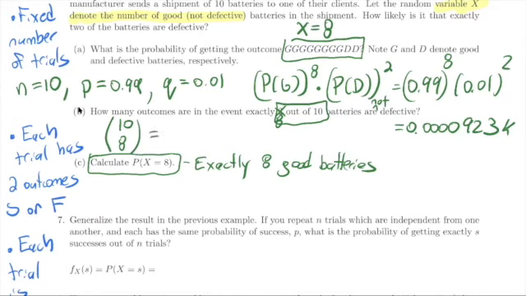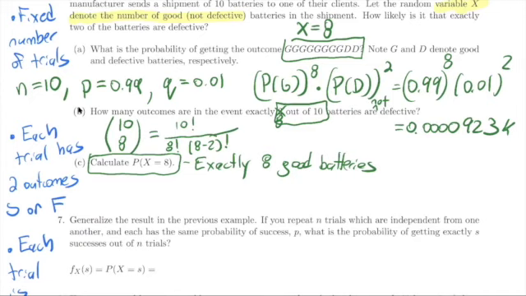And remember, this is equal to 10 factorial over 8 factorial times 8 minus 2 factorial. So if I want to calculate the probability that exactly 8 good batteries get sent, there are 2 things I need to think about.